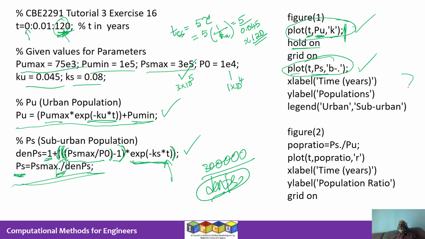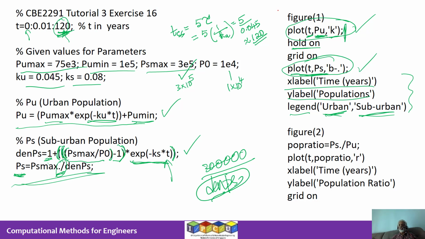And then I label the X and Y axis appropriately using xlabel and ylabel, and then I add a legend, right? That means I will tell it which curve is which population. Since I've done PU first, the first legend will be urban. I've plotted PS second in that same graph, so the second legend will be suburban.